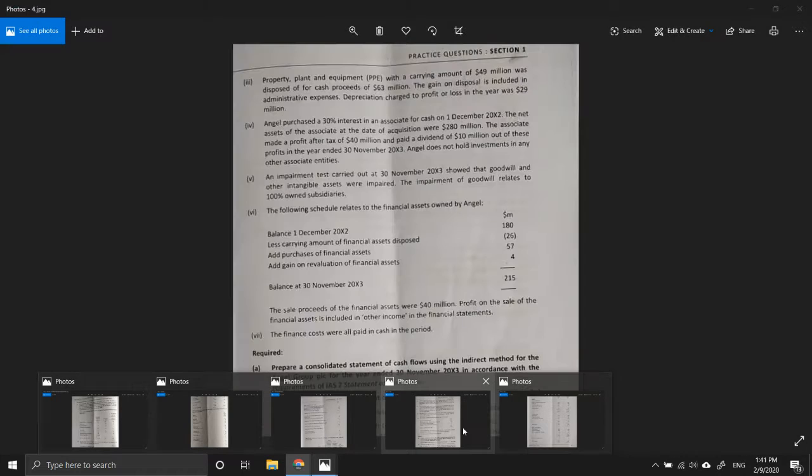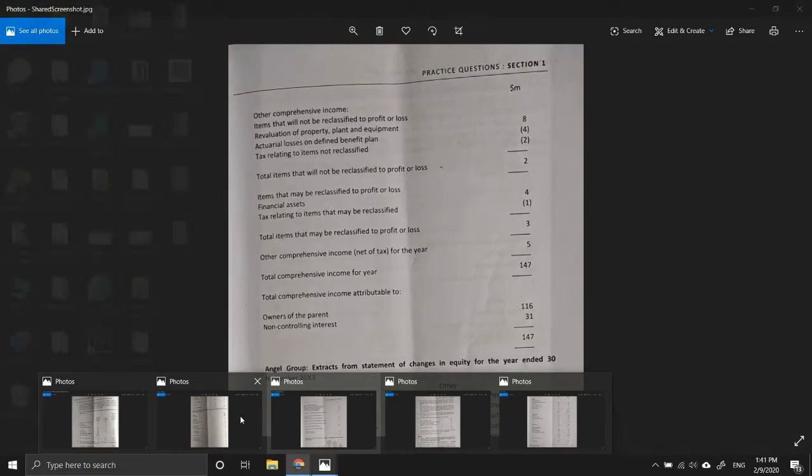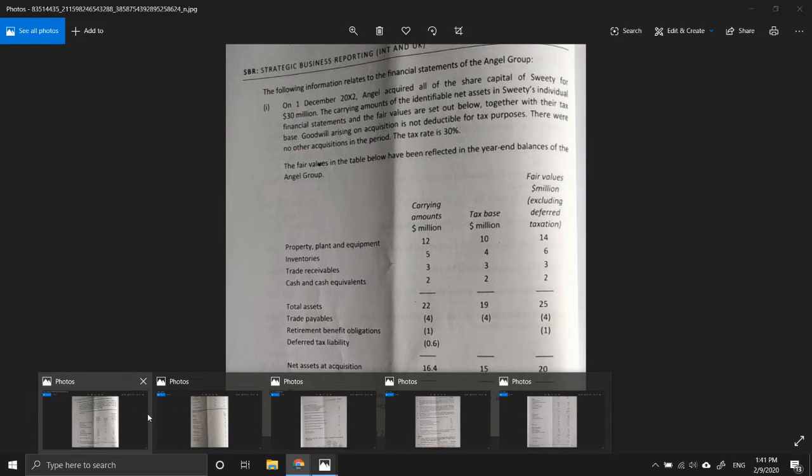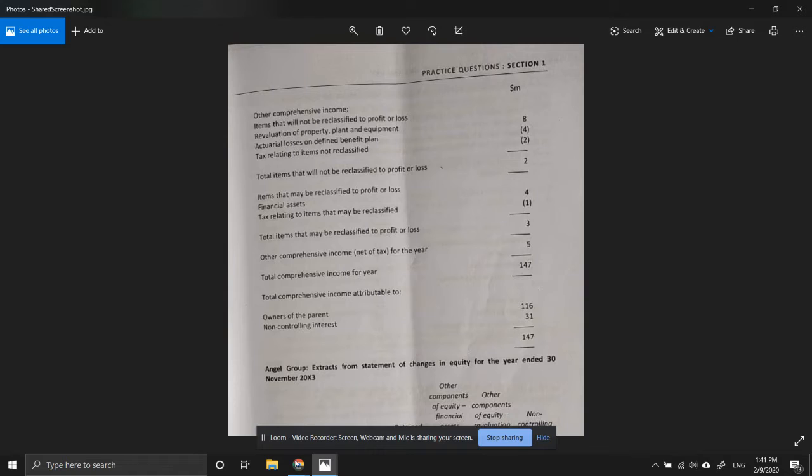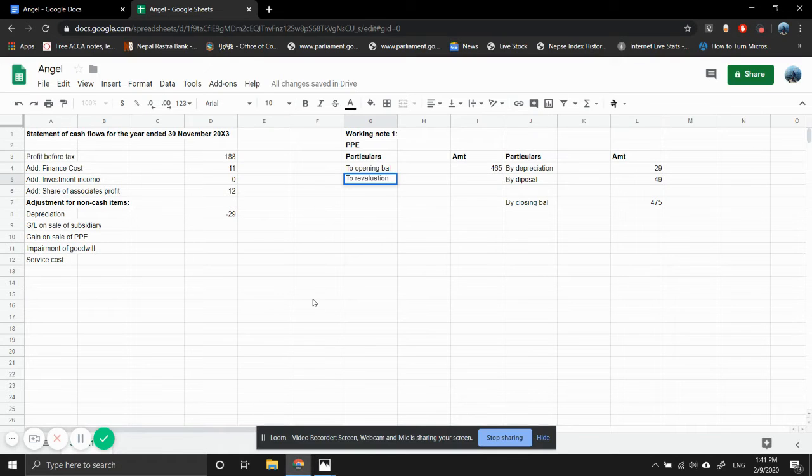Yep, it was, over here, 8. To revaluation 8.